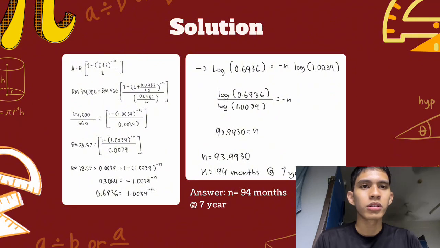After simplifying and solving using logarithms, we obtain a value of approximately 93.99 months. Since loan repayments are made monthly, we round this value up to 94 months. Therefore, Fatani will need approximately 94 months, which is about 7 years and 10 months, to fully repay the motor loan.